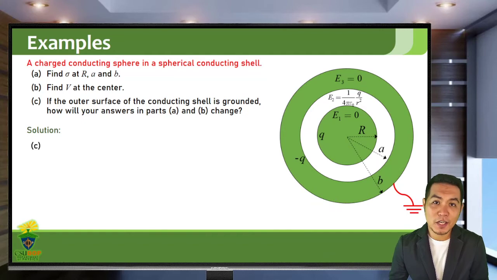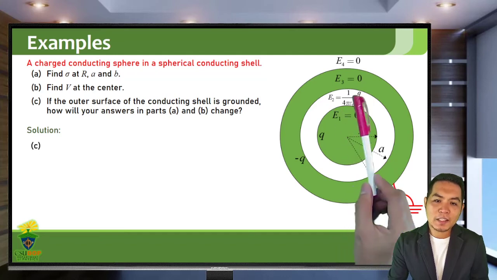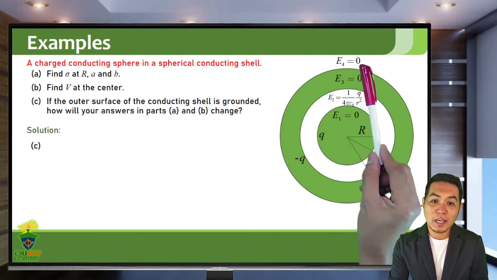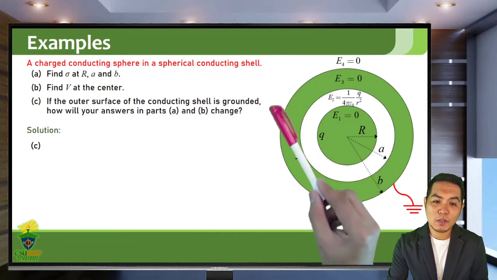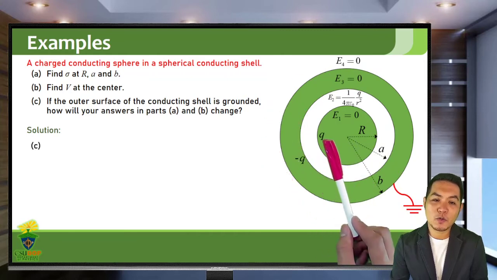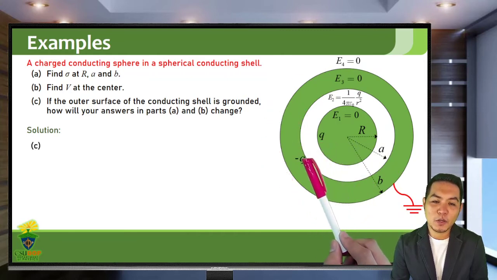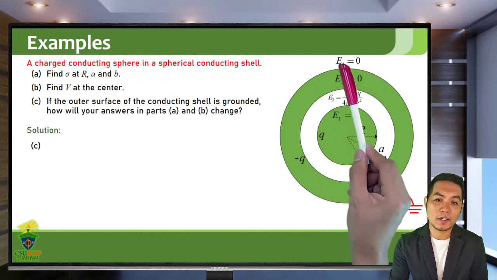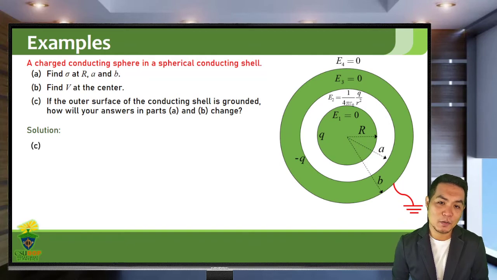You transfer the charges towards the ground. And if that's the case, then the electric field outside the conductor will become 0, because if you take a Gaussian surface here, the charge enclosed will now be Q and negative Q, so the total charge enclosed will be 0. Therefore the electric field outside will also be 0.